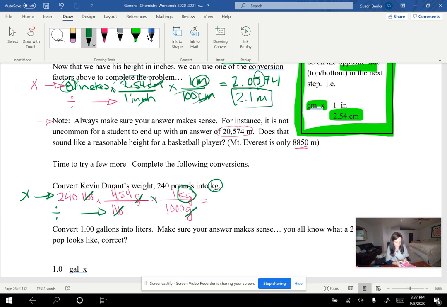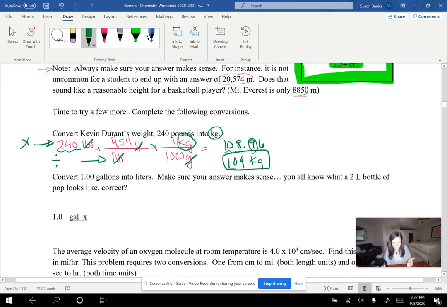So 240 times 454 divided by 1,000 will give me 108.96. Notice I started with 3 digits here. So if I look at 3 digits, that 9 tells me to round. So I'd probably report this as 109 kilograms. Okay? All right.